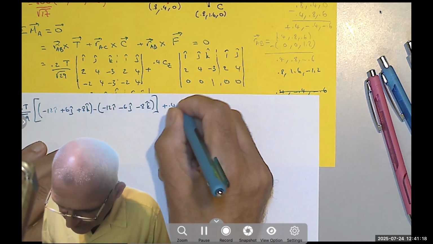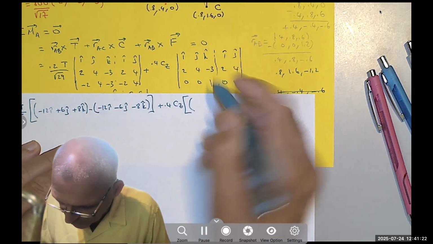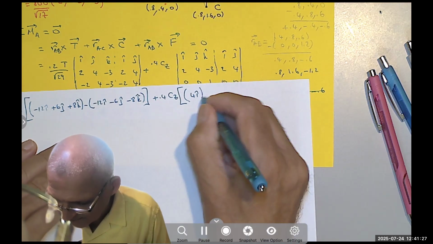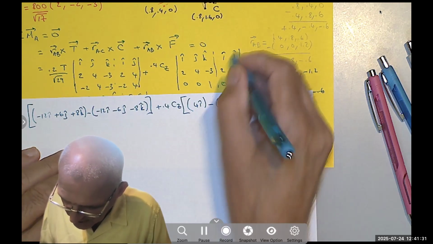Plus 0.4 cz times 4i 0j 0k minus 0i 2j 0k.